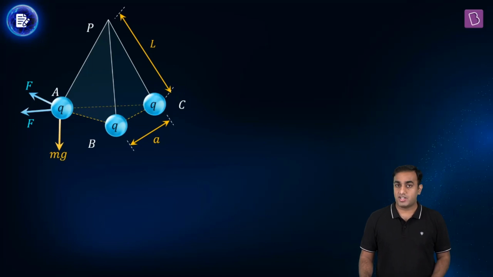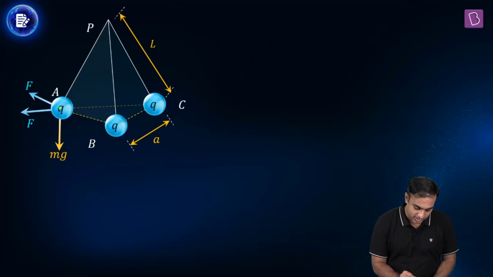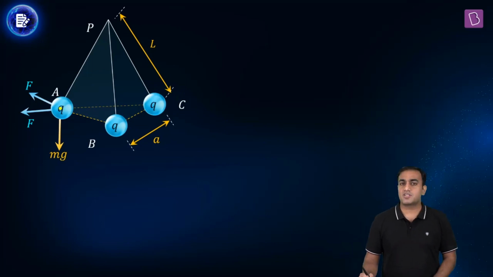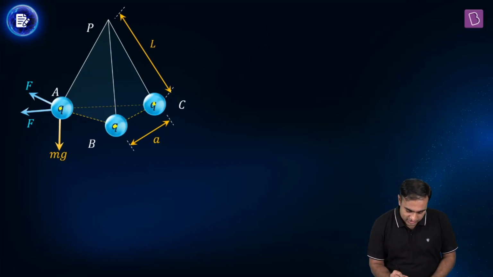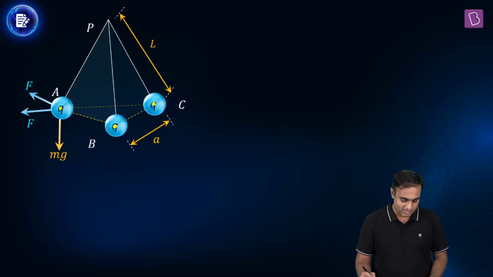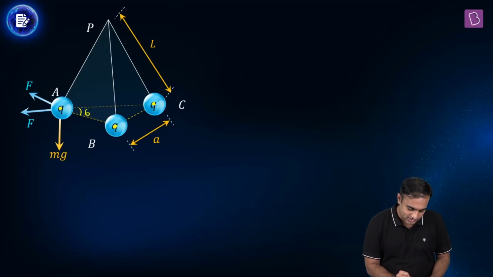Here is a charge q in consideration at position A. First, let's consider the Coulomb's electrostatic force of repulsion acting on small q. One force is because of this charge, another force is because of this charge. Do you notice that because of the symmetry of the situation, these charges are at the corners of the equilateral triangle. Now, this happens to be 60 degrees and so is this angle.